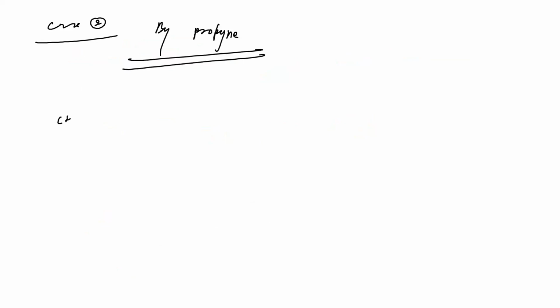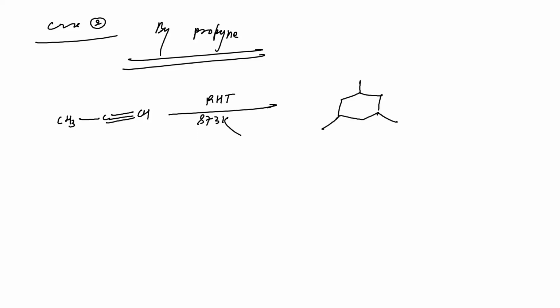We are having CH3, C triple bond CH. With RHT at 873 Kelvin only, the compound is going to be like here. Better you can understand in this format: CH3, C triple bond CH.